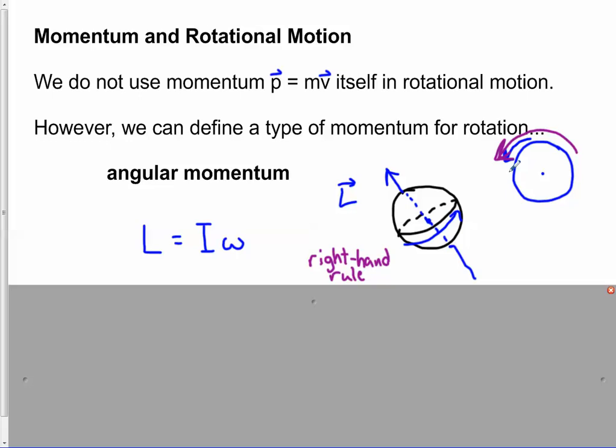If it was going clockwise, you'd have to turn your hand around and your thumb would be pointing the other way. So anyway, that's the convention for L, and it just turns out all the formulas are set up so that that direction of L is assumed to be true. So that's the vector version of L.